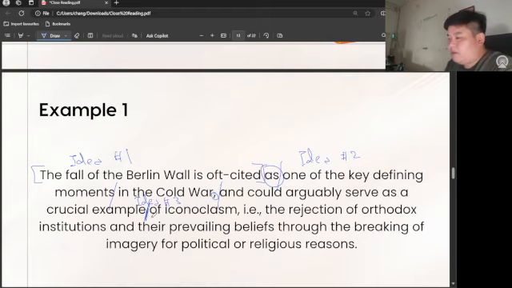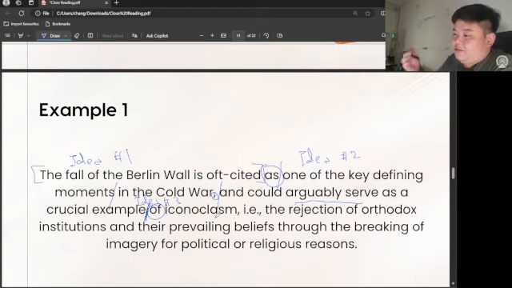So we see another preposition here. We do another marking. Could arguably serve. So there is an argument we made, right? We are not taking a very, very strict or absolute stance on this issue. We are just saying that it can be argued in this way of iconoclasm.